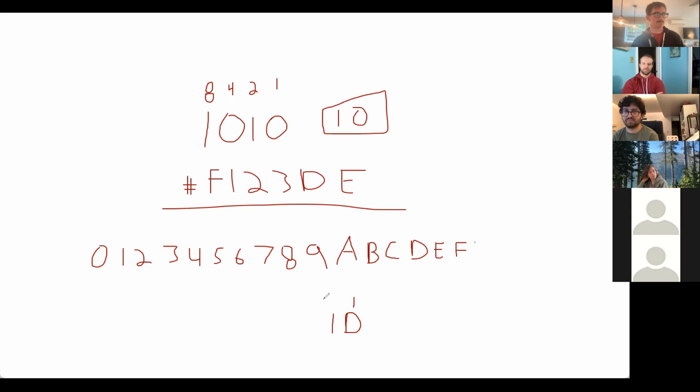And this becomes your 16 spot. So I have one 16 and I have 10, 11, 12, 13. I have 13 ones. So this is 16 plus 13. So this is 29, I believe, if I got that right.